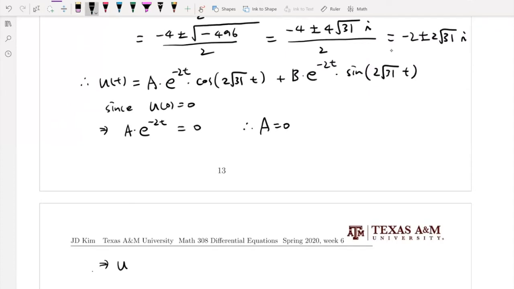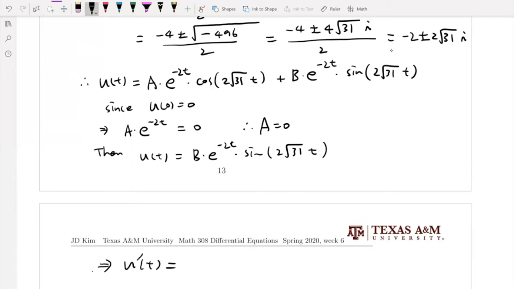Then we can update my u(t), which is equal to B times e to the minus 2t times sine of 2 square root of 31 t.